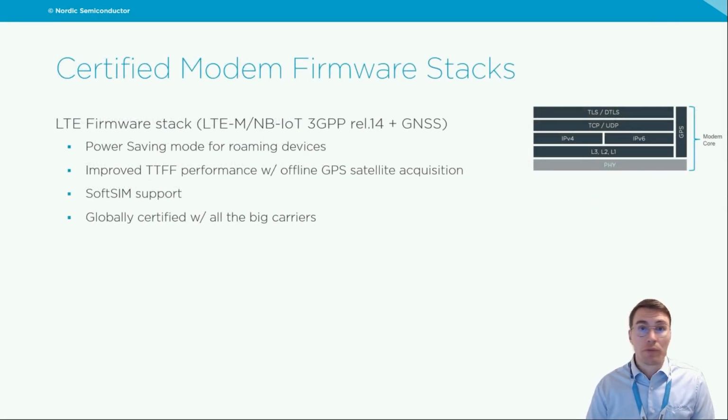And with the introduction of new hardware, we have also upgraded our modem firmware for the Cellular side with new features, and the first Cellular modem firmware for these devices is modem firmware 2.0. This stack will be fully 3GPP release 14 supported, as well as having GNSS. New features here are power saving mode for roaming devices. So you will get power saving mode, like sleep, still on roaming devices.